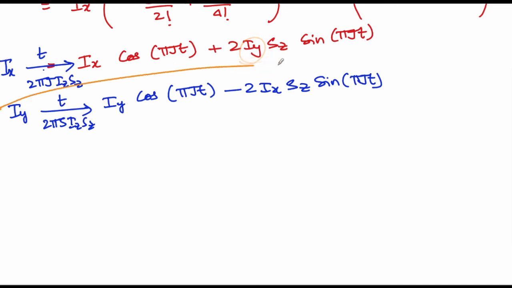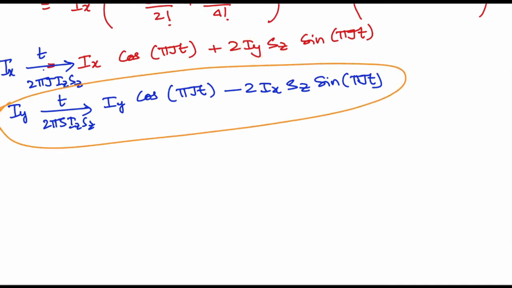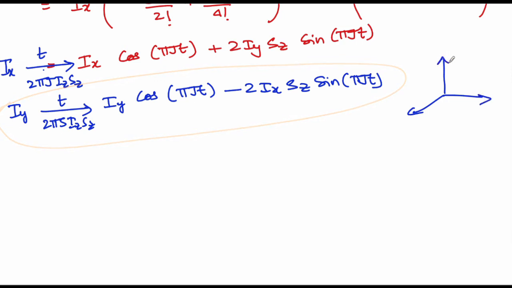This can also be thought through as a counterclockwise rotation, where you have 3 axes that are present, where this is the 2Iz Sz axis, this is the Ix axis, and this is the 2Iy Sz axis. Of course, you still have other dimensions that have been dumbed down, where the rotation is counterclockwise, where you end up going from Ix to plus 2Iy Sz.